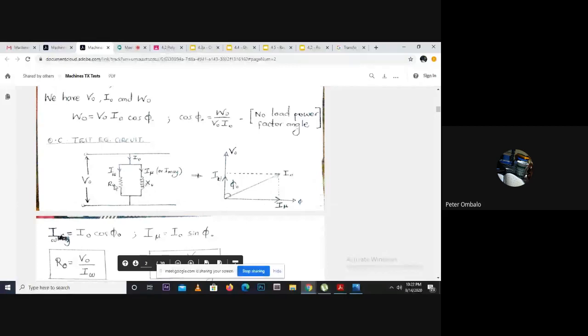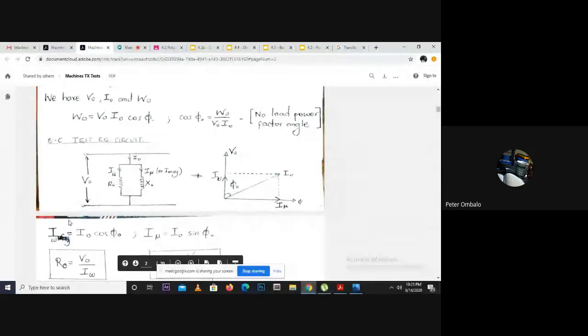So this is representing the core losses. In the core losses, we have R naught and X naught. These are the resistance and the reactance in the equivalent circuit that represent what is lost because of the excitation in the core. This is its phasor diagram, right?